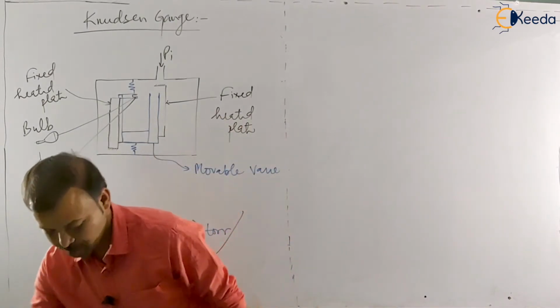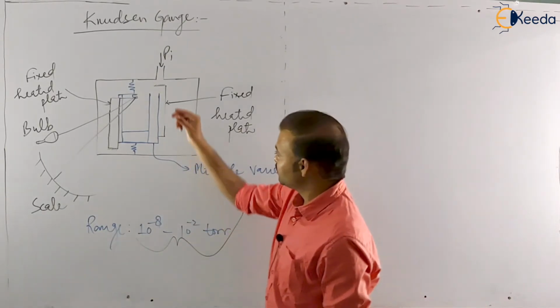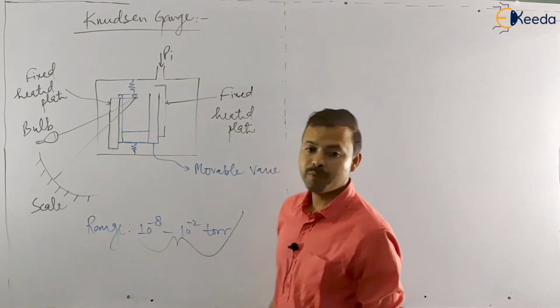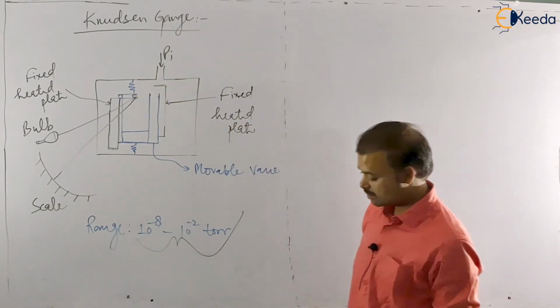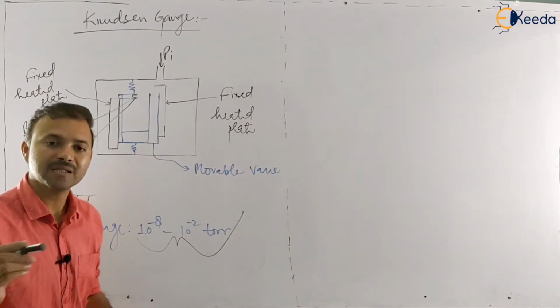Now, the space between the fixed plate and the movable plate is less than the mean free path of the gas molecule.